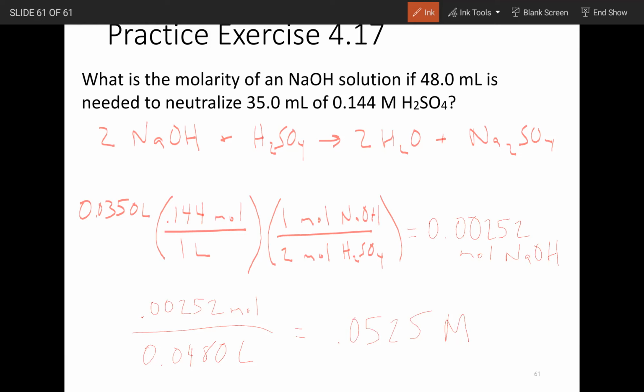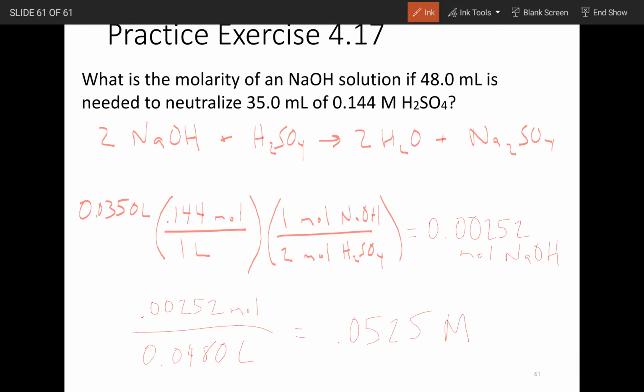So if we double that concentration, that'll give us a better relationship with the concentration of sulfuric acid. So doubling 0.0525 would just give us 0.105, excuse me, which is still lower than the sulfuric acid, which makes sense because we've got more of that sodium hydroxide solution.